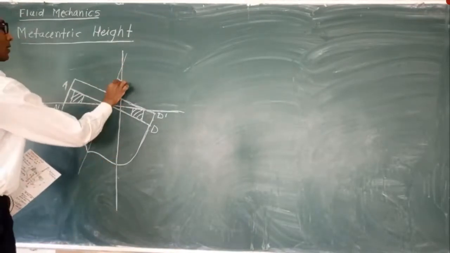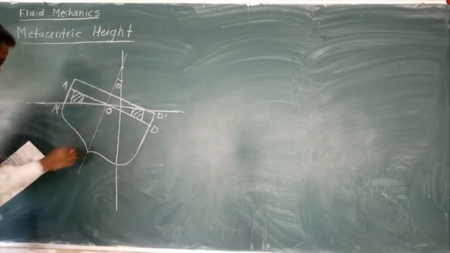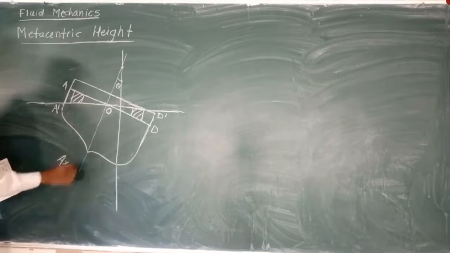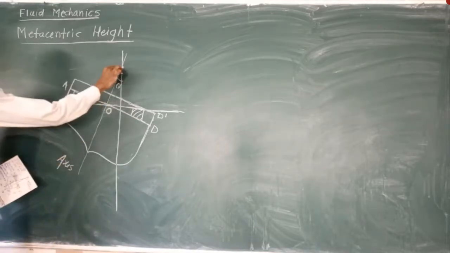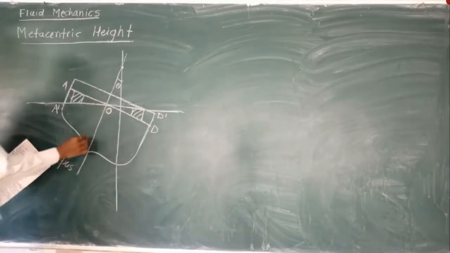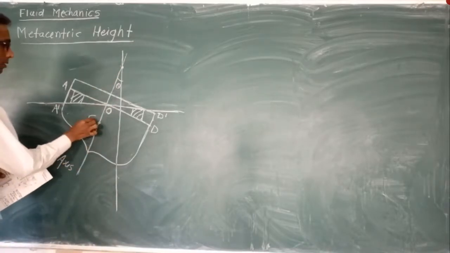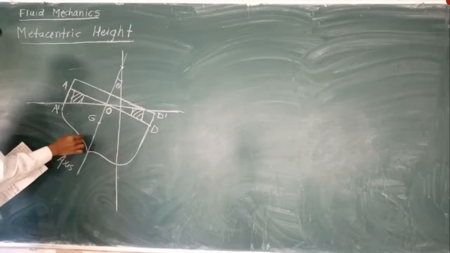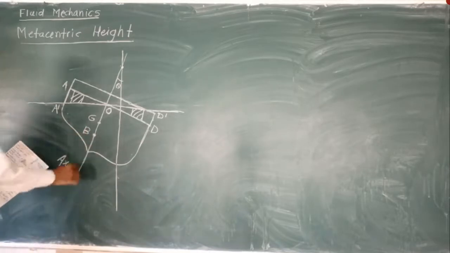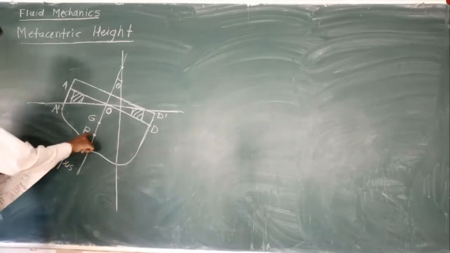This is angle theta. So this is the axis of the ship. In this case, this is the CG, that is point G. This is point B, the center of buoyancy.